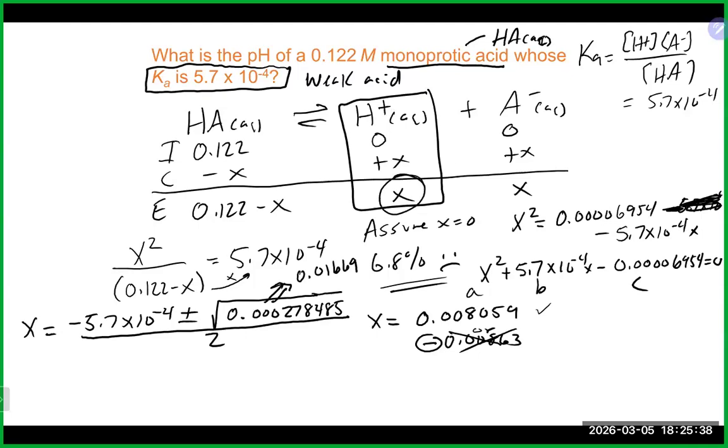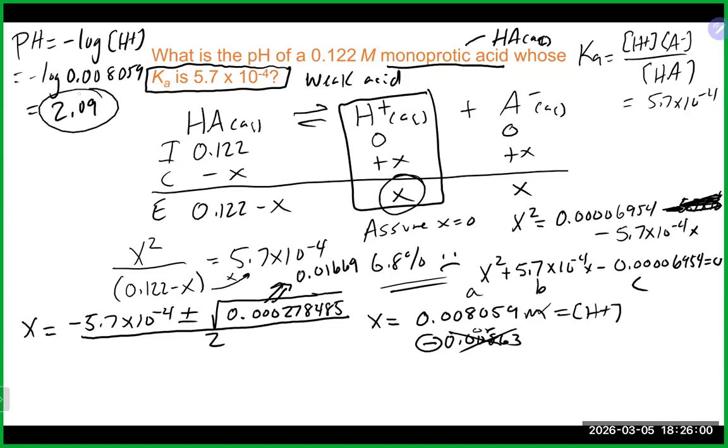So the pH in this case will equal minus the log of the H plus concentration, which is essentially our X value. And that gets us negative log of 0.008059, going to yield us a 2.09 pH in this case.